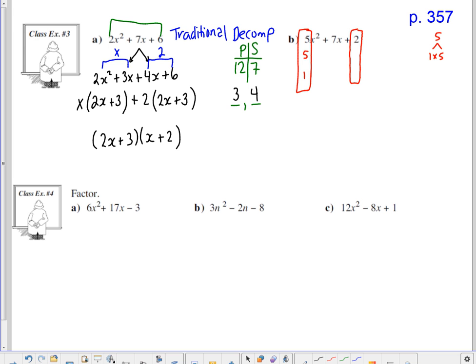So here is the issue, okay? So this is still going to be the sum of our diagonals. So the 7x in the trinomial, 5x squared plus 7x plus 2. The 7 here is the sum of the diagonal products.